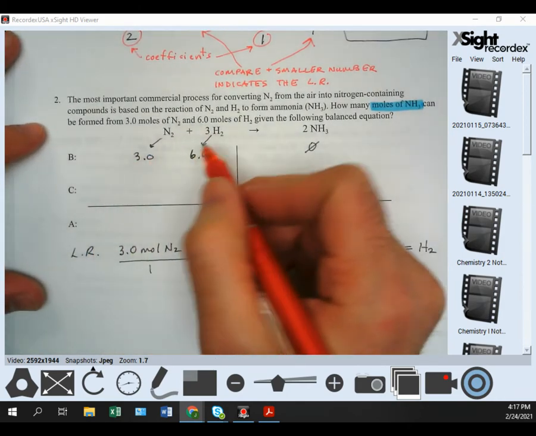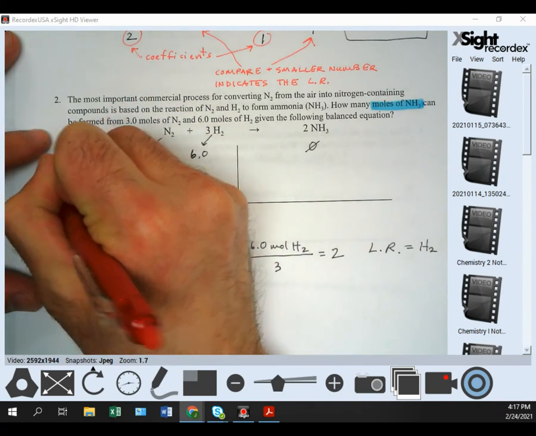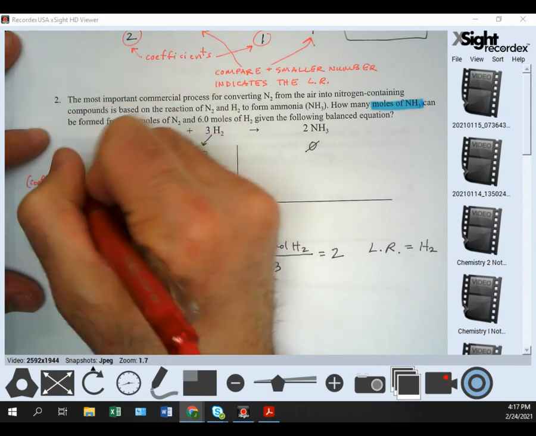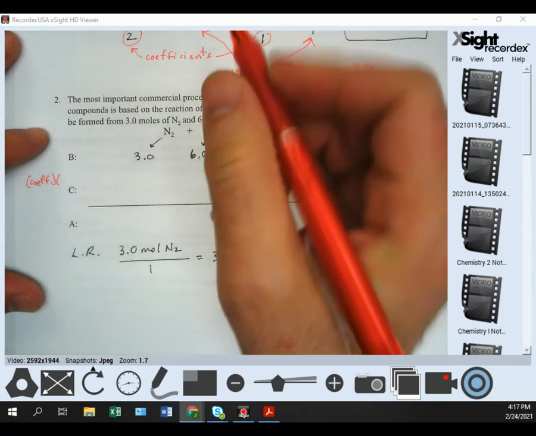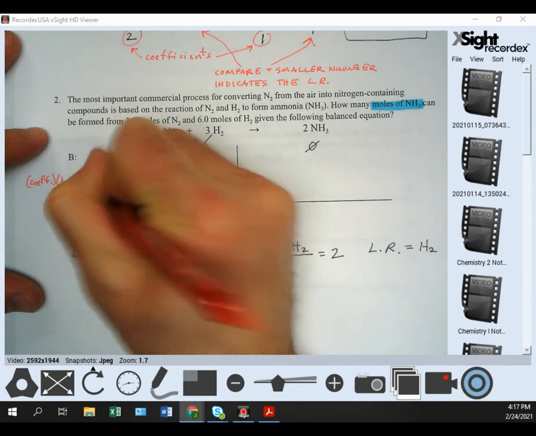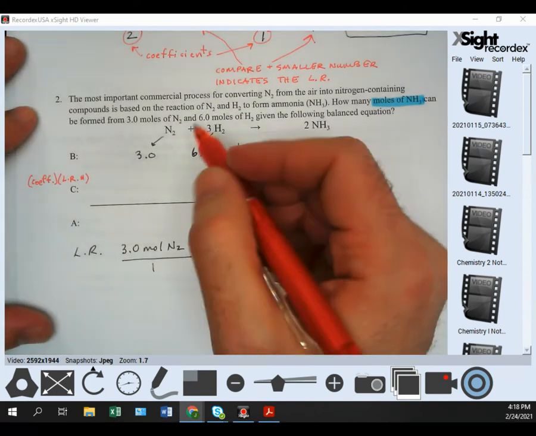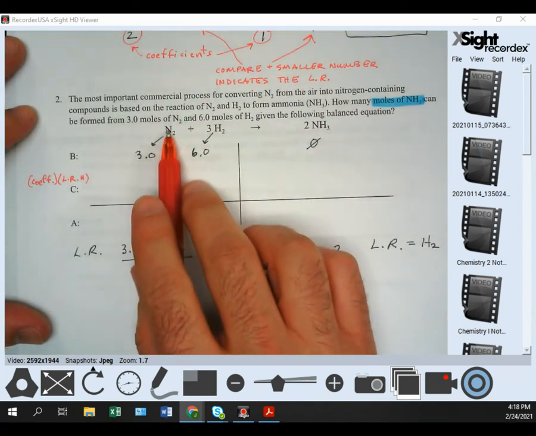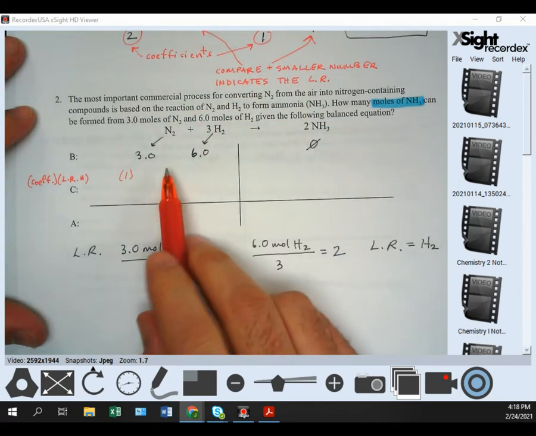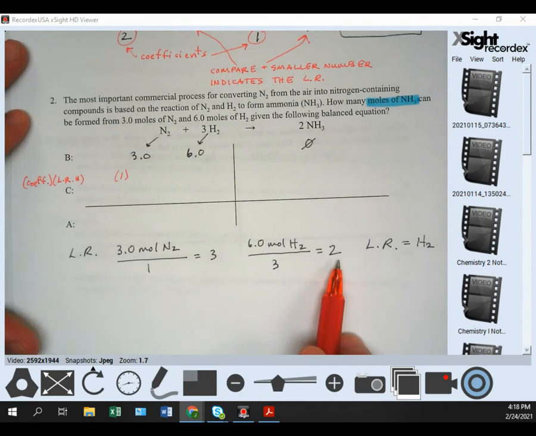So to get the change row, you take the coefficient times the limiting reactant number. So if I look at the N2, the coefficient is 1. My limiting reactant number, the number that showed us the limiting reactant, was 2.